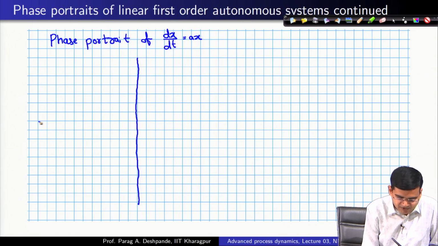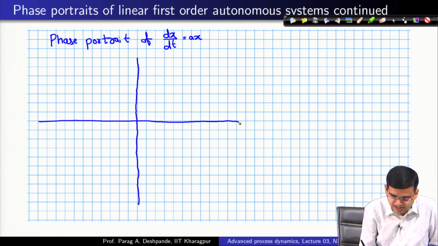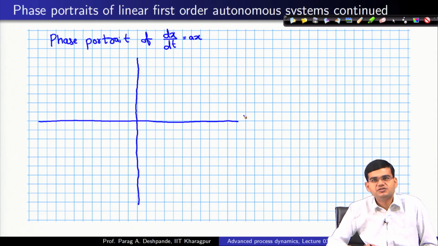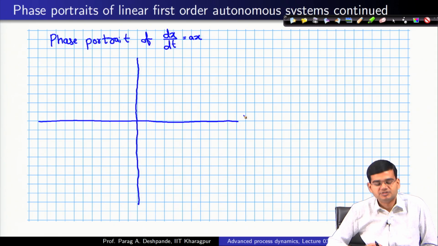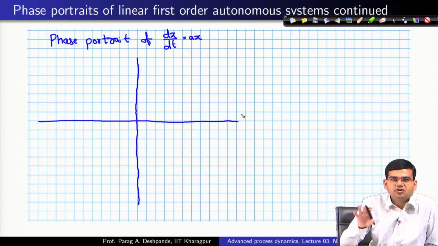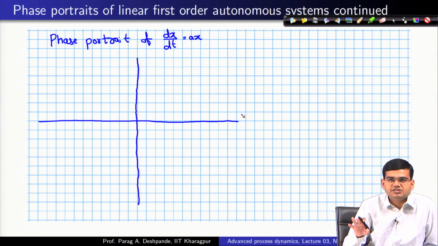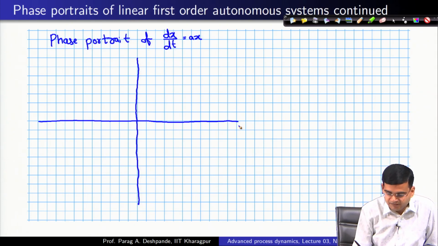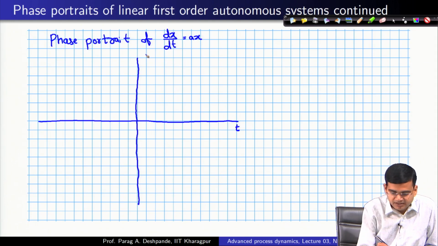As I said, for your specific problems, the t can be only positive, the value of the variables can be confined to some specific value, but for the sake of mathematical completeness, let us look into all the possibilities which the system can sample. So, I have time t here and I have x here.